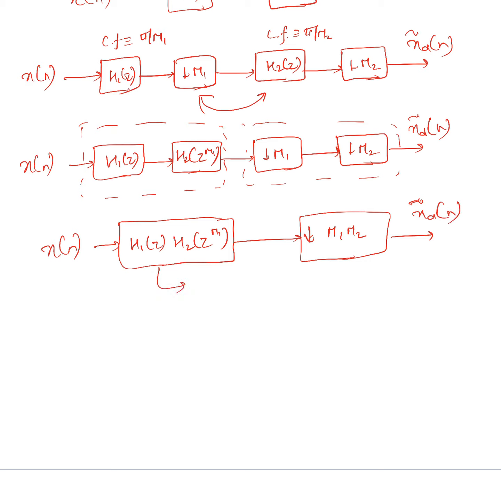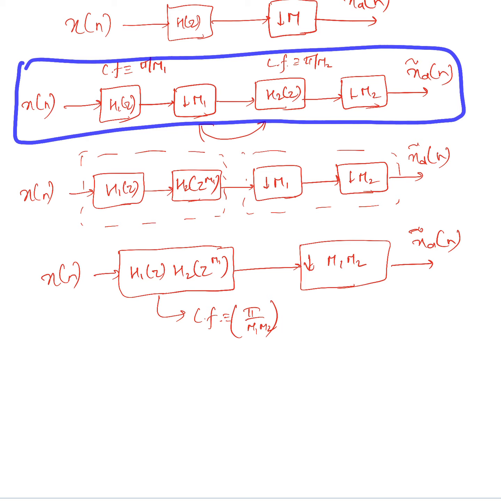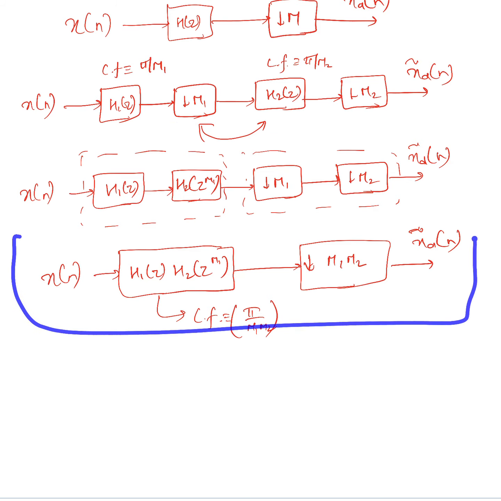And the cutoff frequency of this filter would be pi upon M1 M2. So we can use this two-stage decimation process to achieve the downsampling by the integer factor of M.